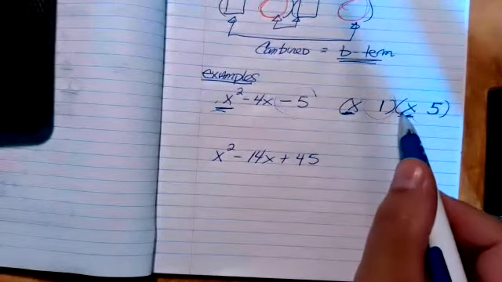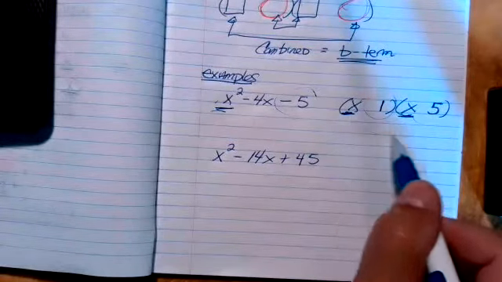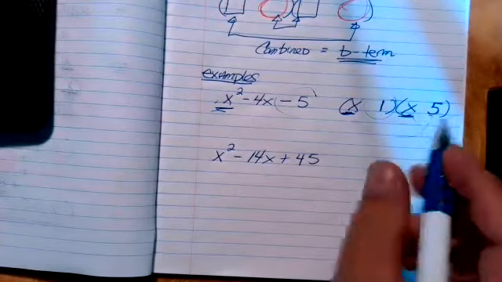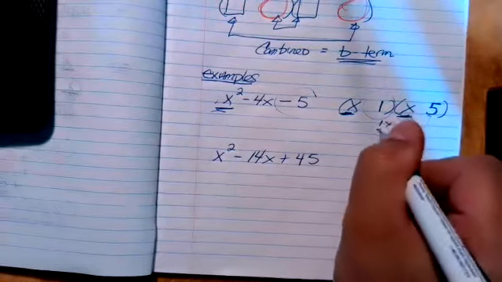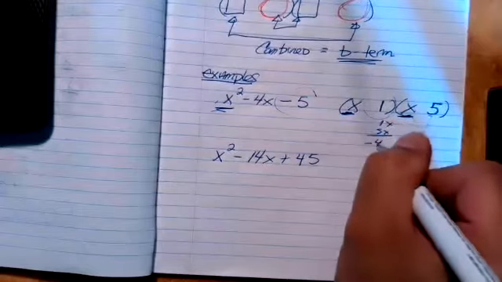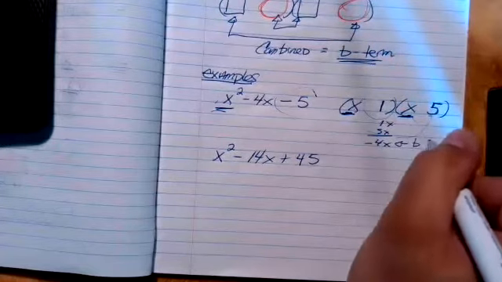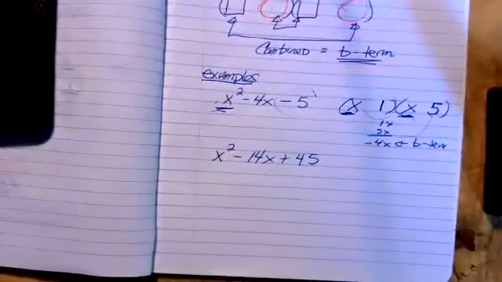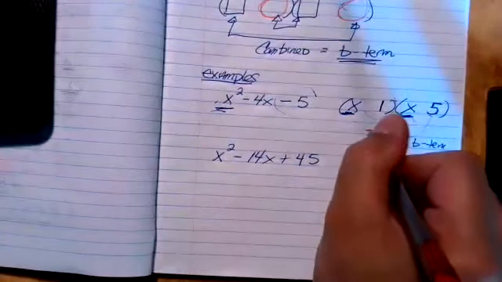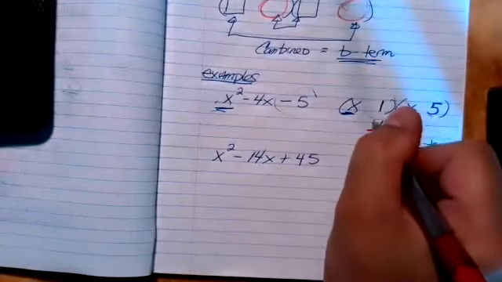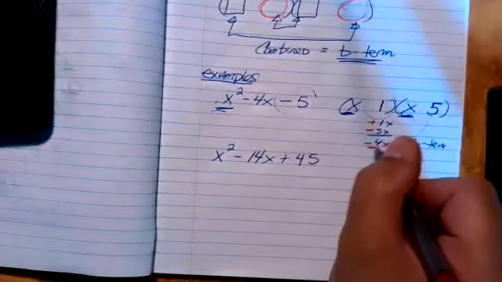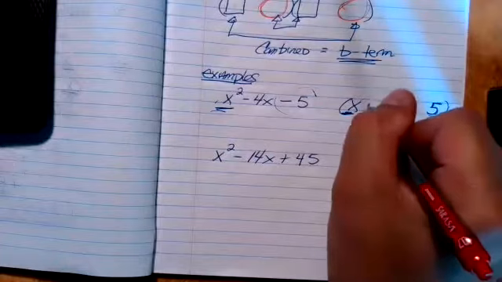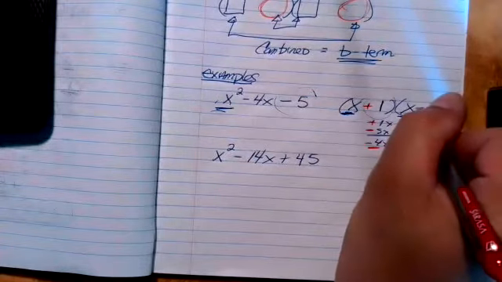This will give me 1x, and this will give me 5x, and I need a negative 4x for my b term. So therefore, this 5 has to be negative, and this 1 has to be positive. In order to get this negative 4, this has to be a plus 1 and a minus 5.